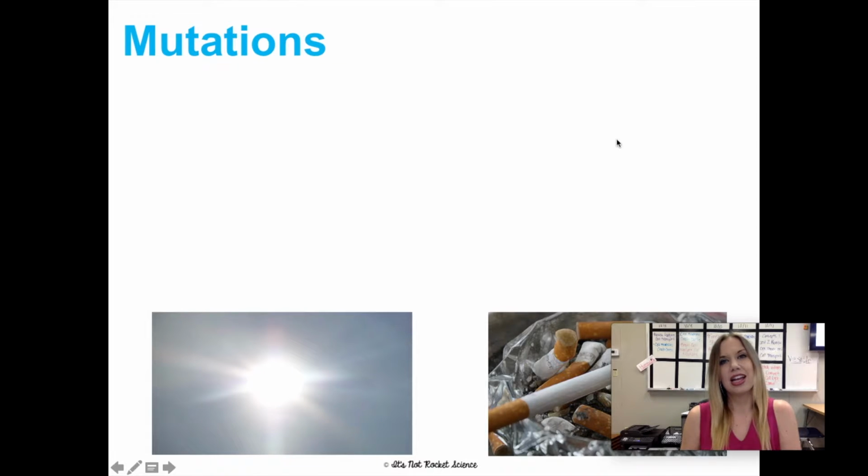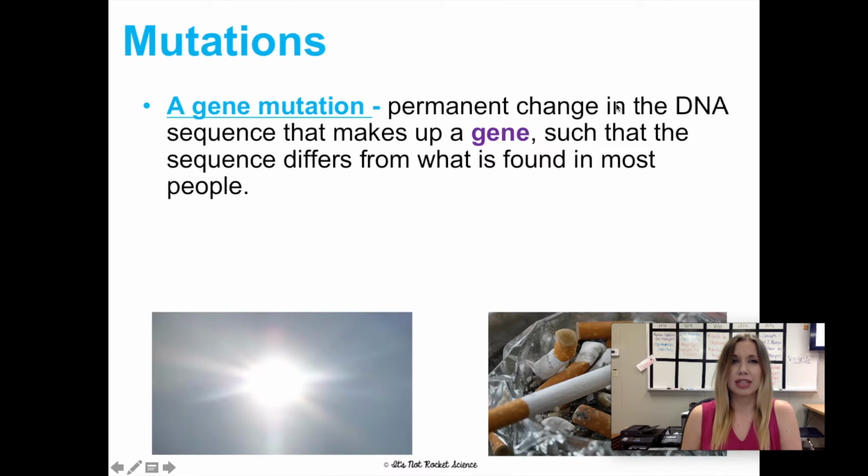So I just said that cancer is caused by mutations in your DNA, but what does that really mean? A gene mutation is a permanent change in the DNA sequence that makes up a gene. Remember, our DNA is made up of nucleic acids. Those nucleic acids are made up of nucleotides, and those specific sequences of nucleotides. So remember, we have adenine, thymine, cytosine, guanine, and then the RNA nucleotide uracil.